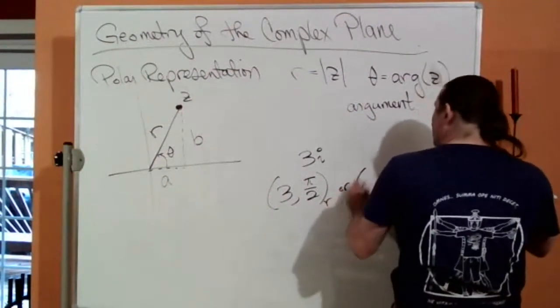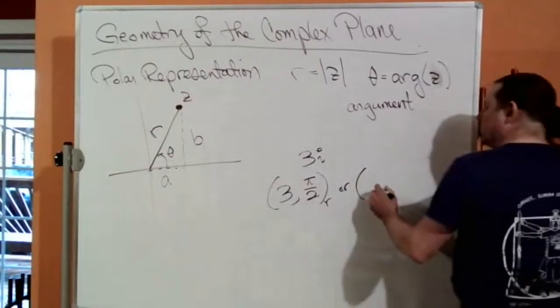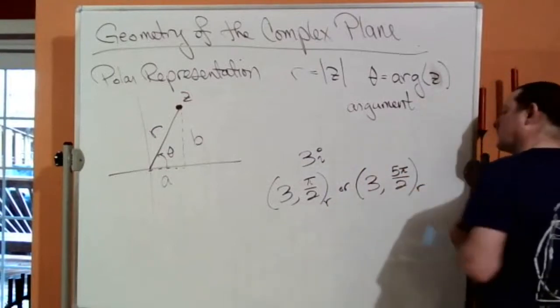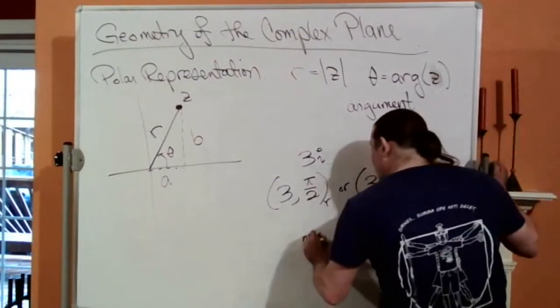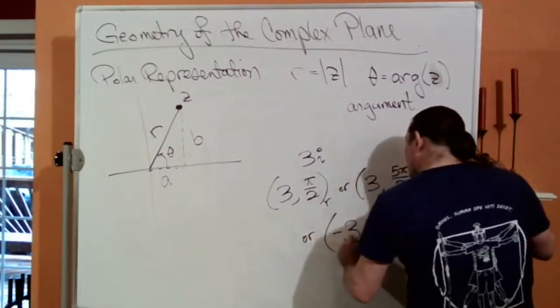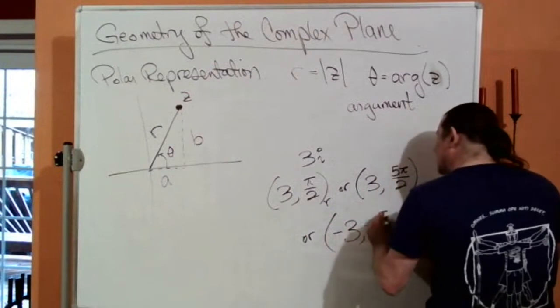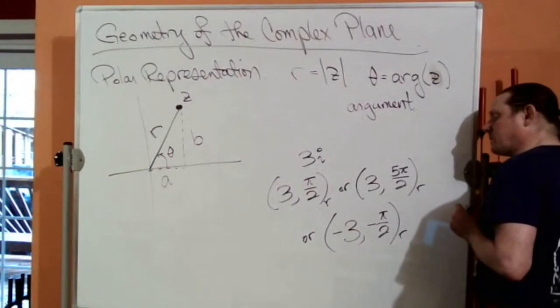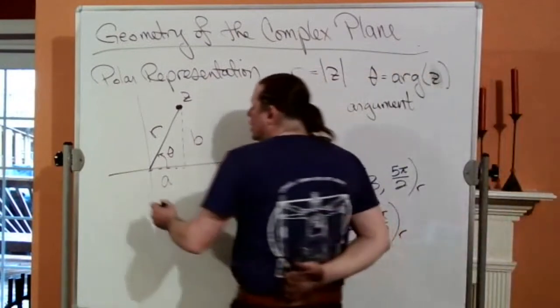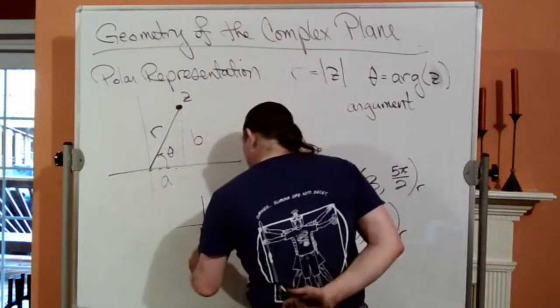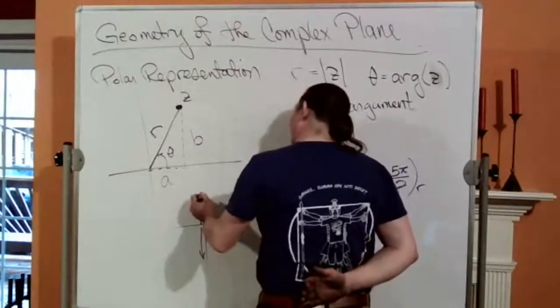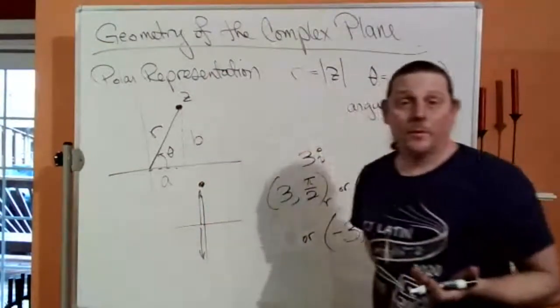Or you learned that you could write it as (3, 5 pi over 2). Or people also wrote it as (-3, -pi over 2), because you're saying go in the -pi over 2 direction, but go a distance of -3. So you're really going up.